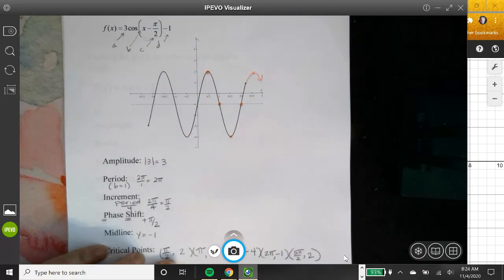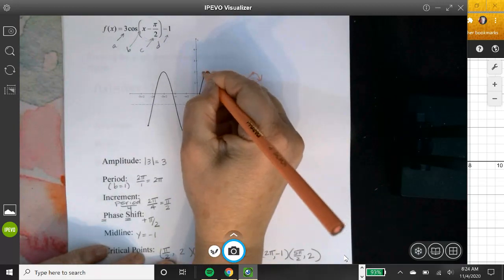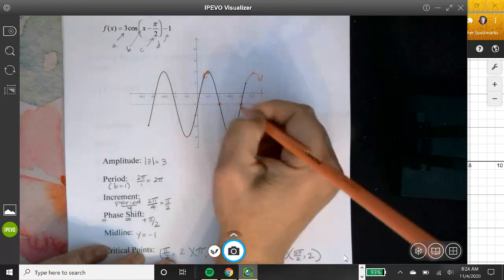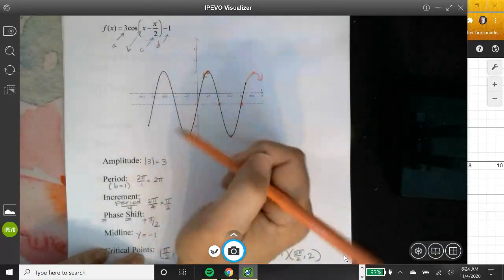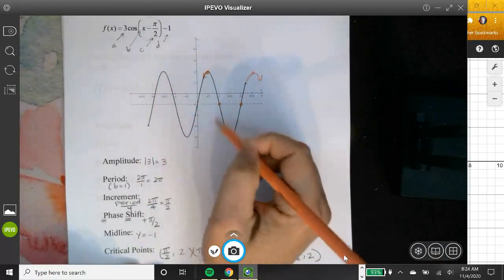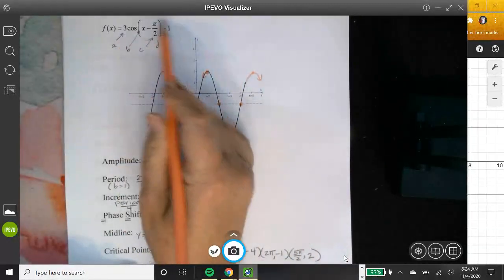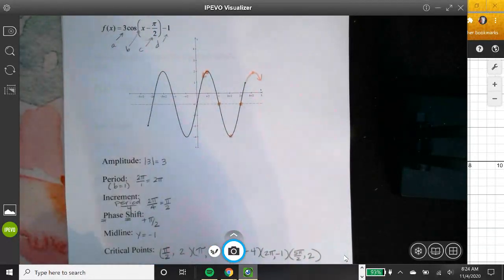Now, if you're a little confused as to why I started at pi over 2, well, this curve, believe it or not, could be named infinitely many names. With parabolas and cubics and square root functions, you can only name them specifically one name with a transformation.